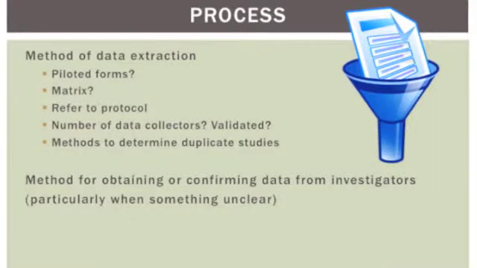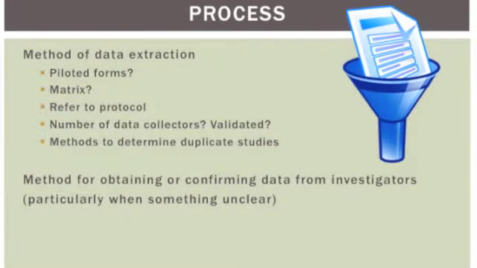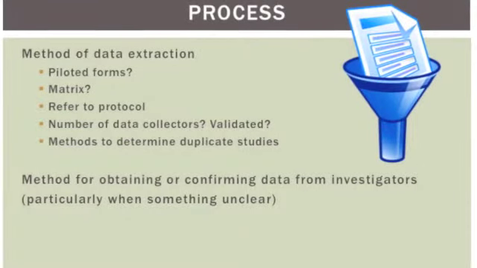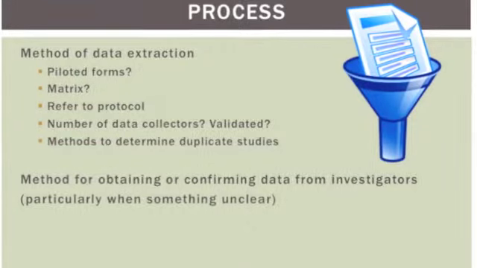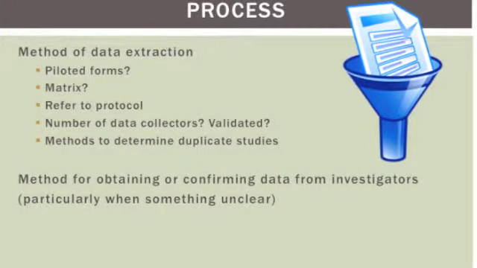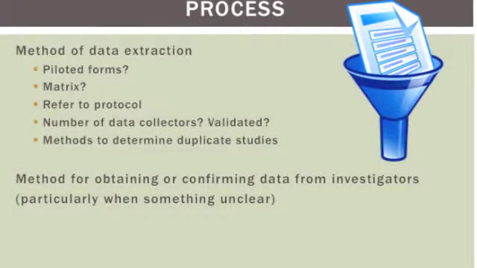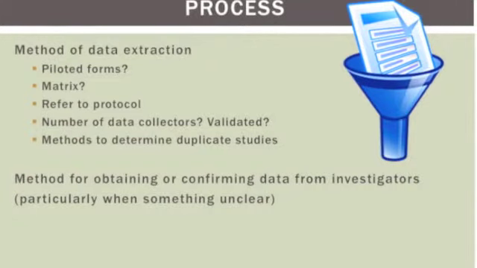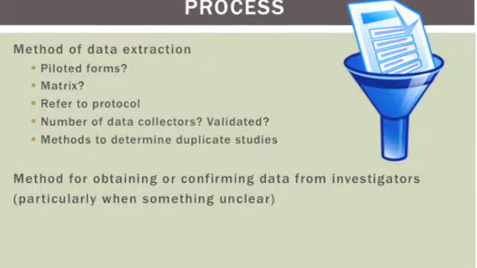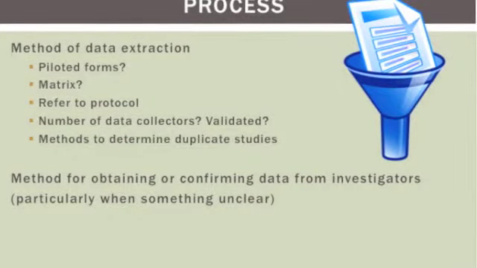In your methods section, you're also going to specify the data collection process. What was your method of data collection? Did you use piloted forms? In this class, we've gone over the use of the matrix and establishing categories and what those categories mean. Again, if you do have a published protocol or a registered protocol or a protocol index, you can refer to that protocol. What was the number of data collectors?